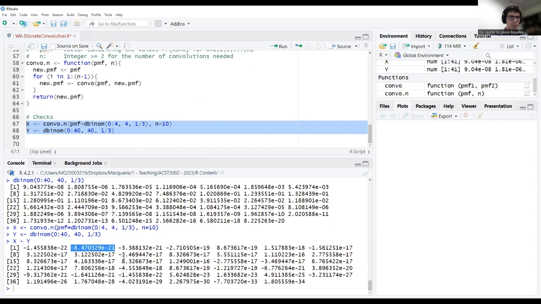There's some rounding mistakes going on. Okay, but I'm pretty sure my code is fine. If you find a mistake in my code, you can let me know. But the difference between the two is so small everywhere that I'm pretty sure the code is good. It's just that I don't know how to tell you. There's rounding going on somewhere so that you don't get 0, but the difference between my code and R is very, very small.